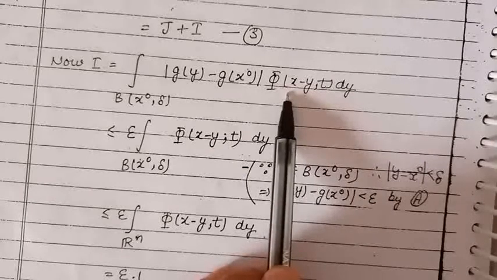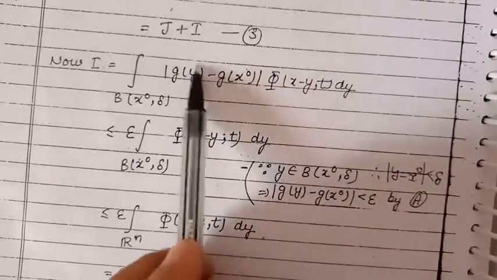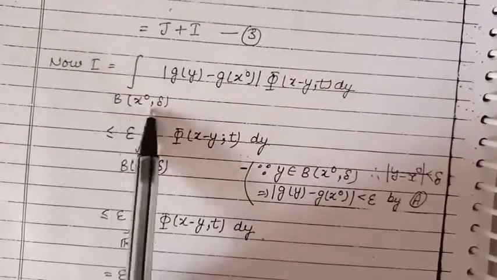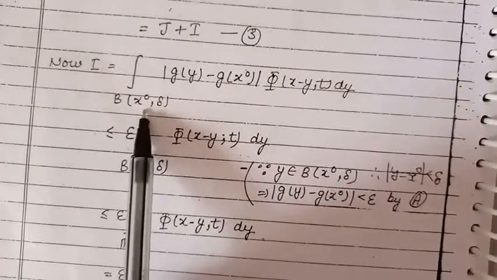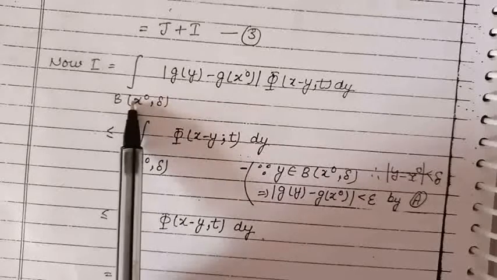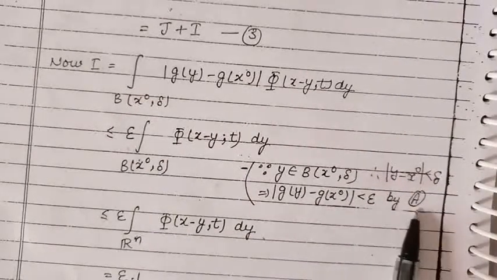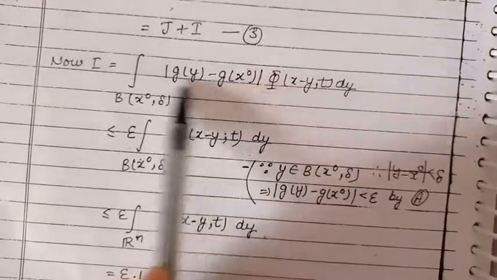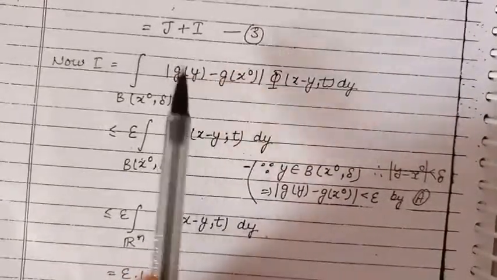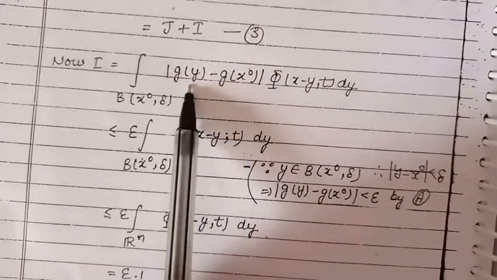Because the point y belongs to this ball, by definition the distance of point y from the center of the ball will be less than delta. So we can use the definition of continuity of g from equation A. So this expression will be very small. We can say that it is less than epsilon.